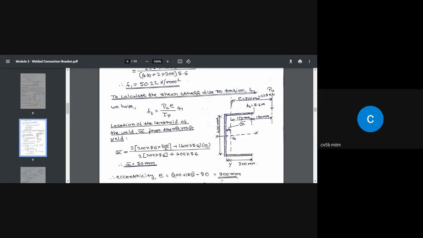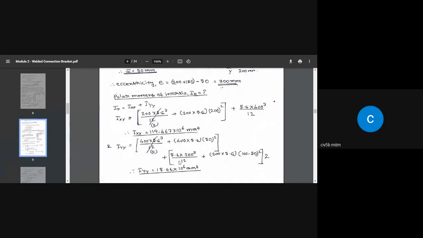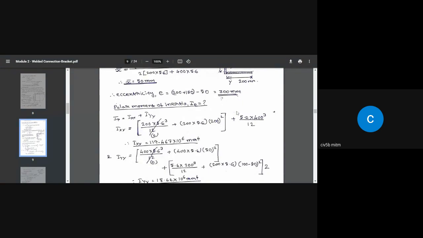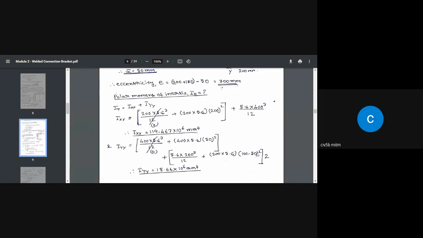That is given by 5.6 multiplied by 200 cube by 12 plus area of this weld, that is 200 multiplied by 5.6, and square of the perpendicular distance between these two vertical axes, which is 100 minus 50. So that is 200, 5.6, 100 minus 50 square. And we have two such welds, that's why I have multiplied the value by 2.